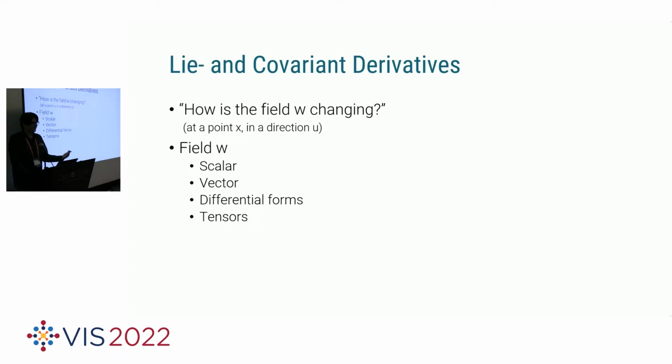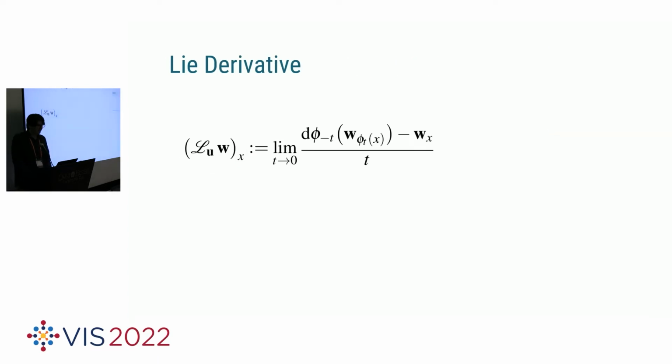But intuition-wise, it's easier to think about scalar fields, vector fields, and one-form fields. But in general, they can do tensors. And we want them to give us the change, how that field W changes in the direction U.